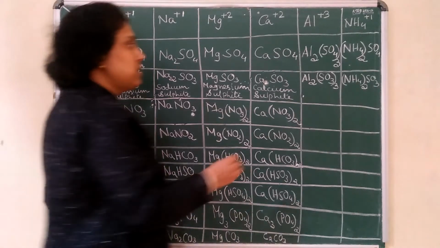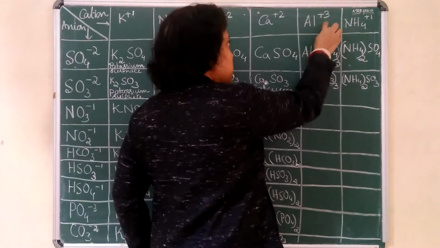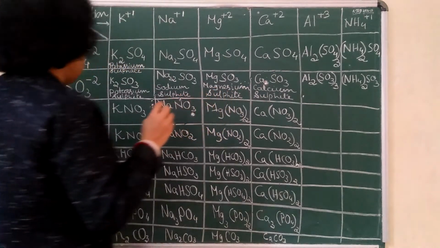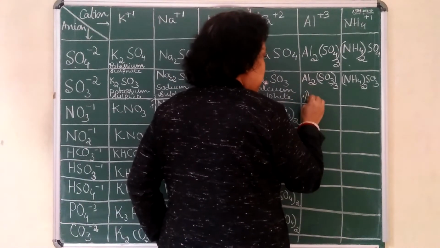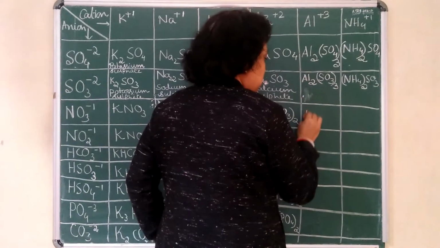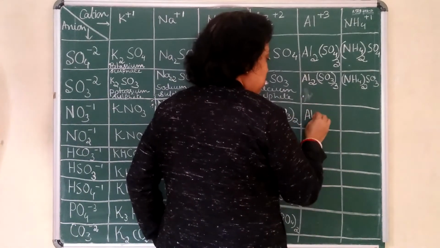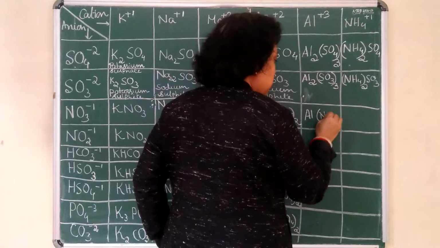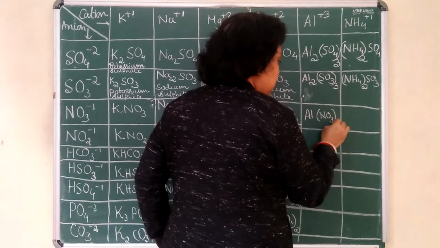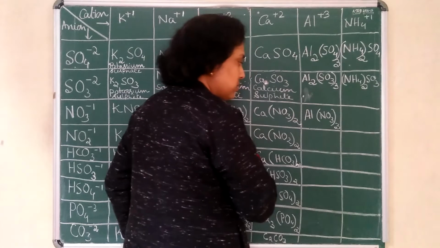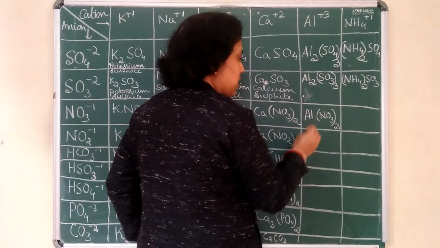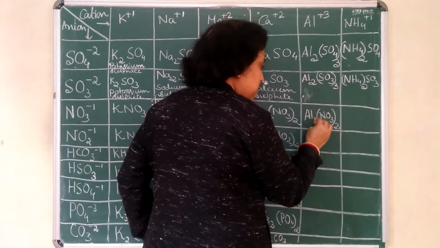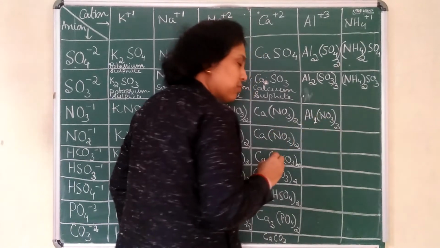Next one is aluminium. Aluminium valency is 3 and nitrate valency is 1. So aluminium will get nitrate valency. Aluminium 1 NO3 bracket close whole 3. Because aluminium valency is 3, nitrate valency is 1. If you are having any confusion, you can write 1, no problem.